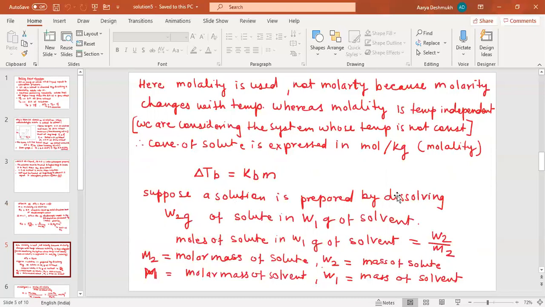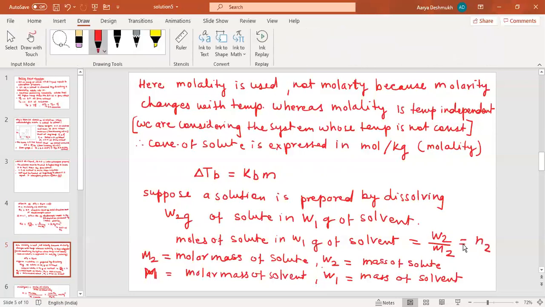Suppose a solution is prepared by dissolving W2 gram of solute in W1 gram of solvent. Then the moles of solute in W1 gram of solvent will be equal to W2 upon M2, which is nothing but n2, the moles of solute.